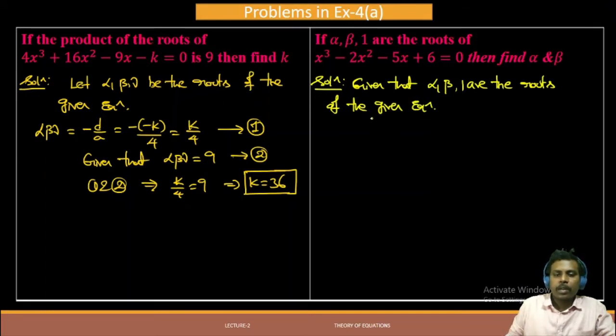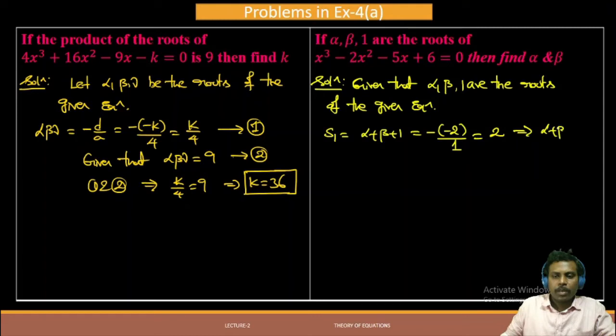Then let us find out the sum. What is S1? S1 is equal to sum of the roots, alpha plus beta plus 1 is equal to minus b by a, minus of minus 2 divided by 1 actually. So this becomes 2. So this implies alpha plus beta is equal to 1.